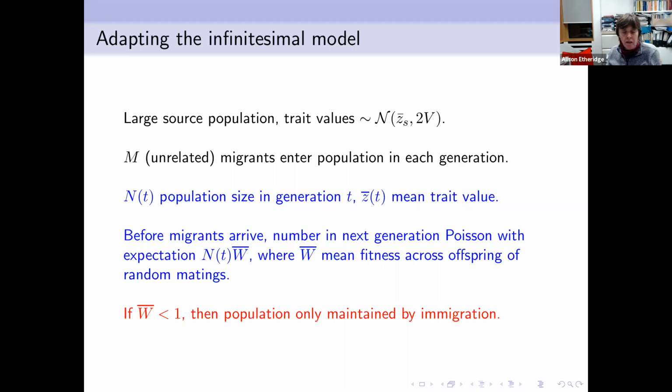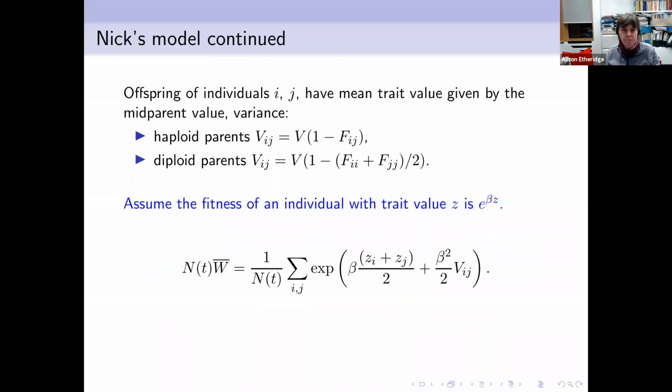Well, W bar is going to be the mean fitness of offspring that are produced across random matings in this island population, and fitness is going to be measured just in terms of breeding value. Okay, so how many offspring am I going to produce? And so if W bar is less than 1, then this population is really only maintained by immigration. So we're really interested in populations which manage to achieve a mean fitness which is bigger than 1, so that they take off and they're really established, and we've got a stable population that can go off and grow on its own. It doesn't depend on migrants to survive.